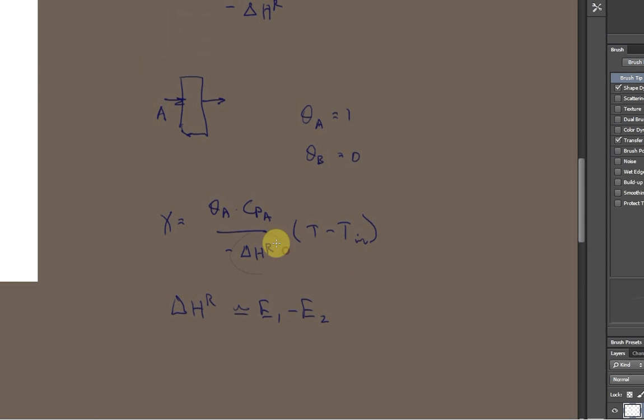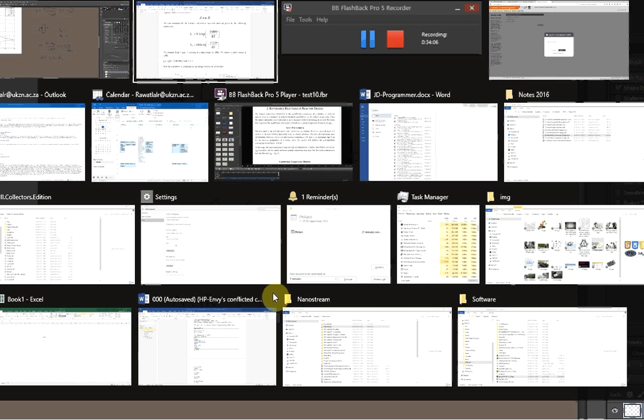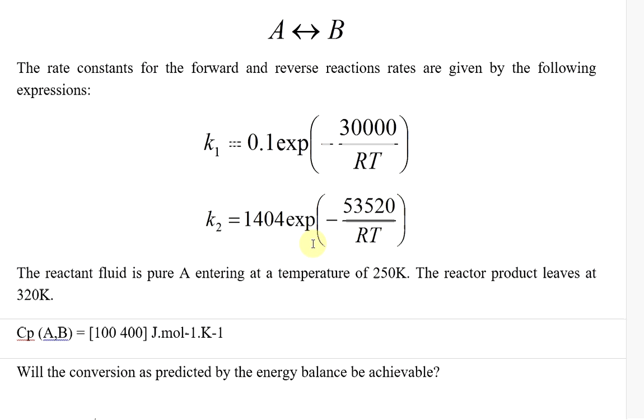So that's known also. And of course, T is the variable, and then we do have the inlet temperature specified. So that was 250 Kelvin. So everything is defined for us in this equation, and we can just plot that out then.